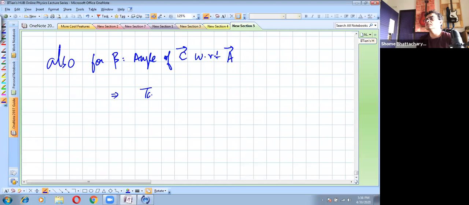So tan beta will become magnitude of minus B sine of the angle between them.